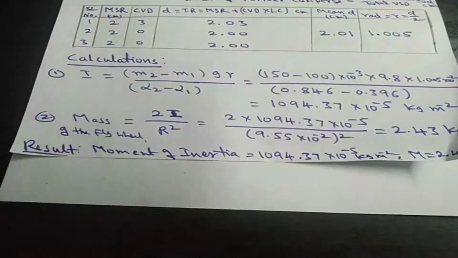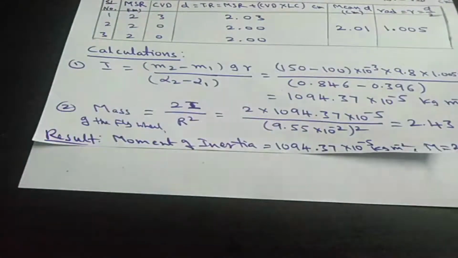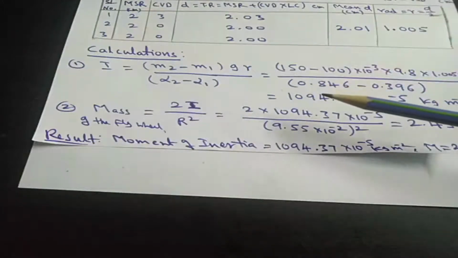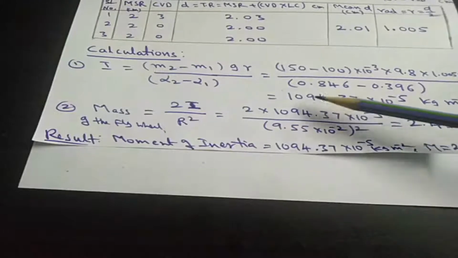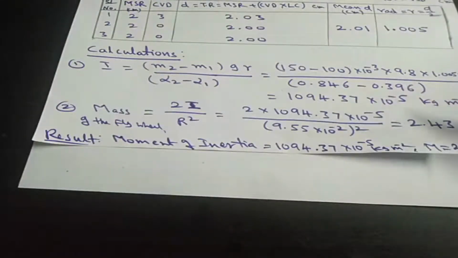Then alpha 2 minus alpha 1 is 0.846 minus 0.396, the difference of alpha 2 and alpha 1. After calculating all this, you will get the moment of inertia as 1094.37 into 10 to the power of minus 5 kg meter square.